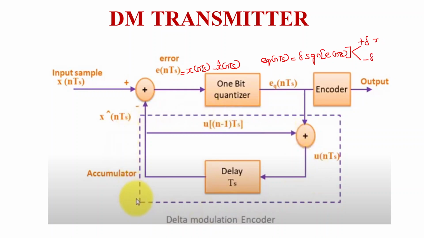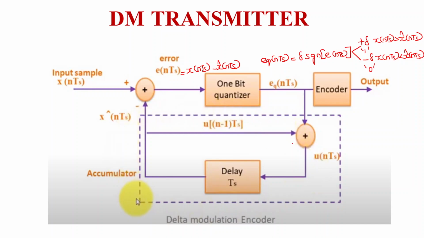Here when x of nTs is greater than x cap of nTs, then plus delta is considered. When x of nTs is less than x cap of nTs, it is taken as minus delta. Plus delta is nothing but 1, whereas minus delta is nothing but 0.